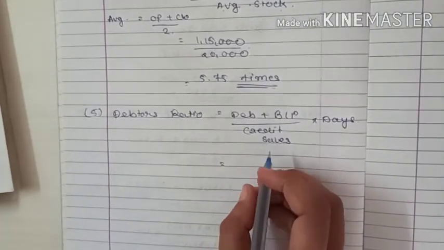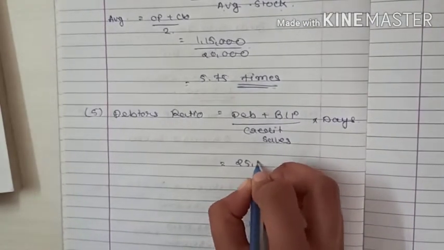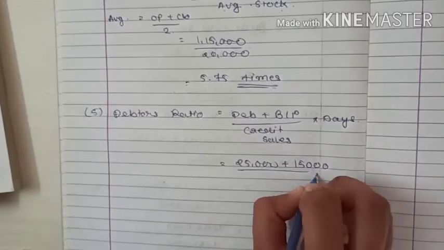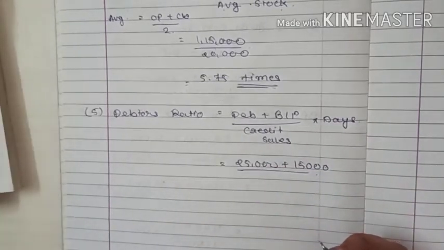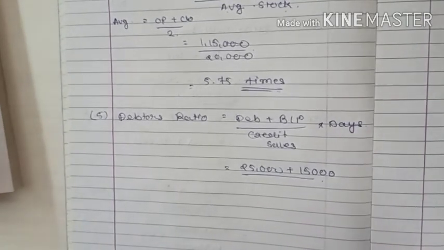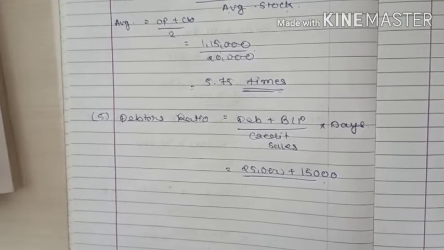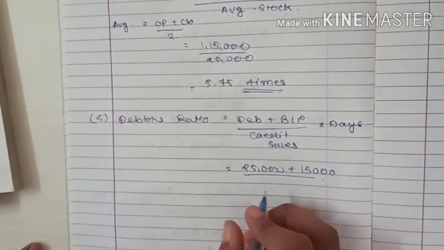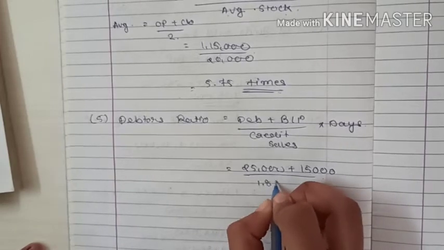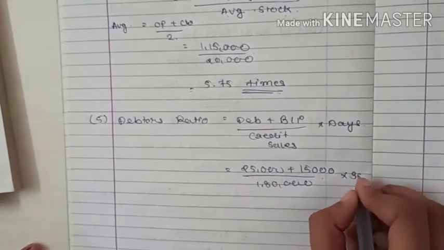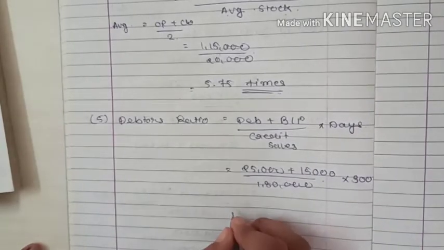So debtors is given 25,000, bills receivable is 15,000, credit sale. There is no bifurcation given of how much is credit and how much is cash sales, so we are assuming all sales are credit sales. So credit sale will be 1,80,000 into days, given 300, right?